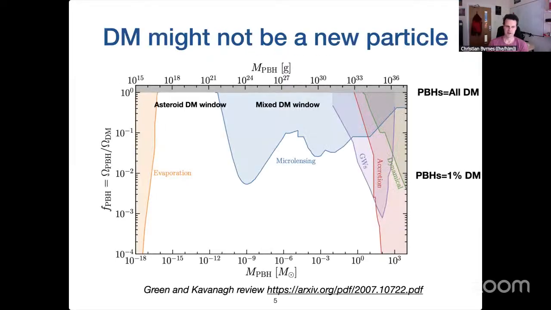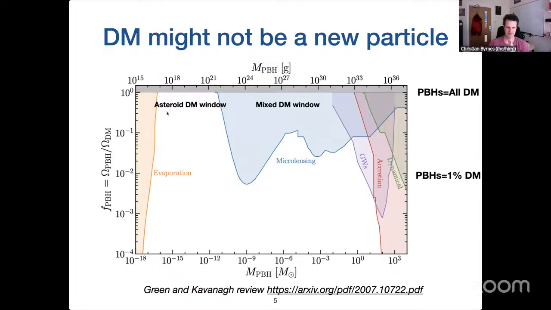But first of all, dark matter needn't be a new particle. There are constraints on primordial black holes being all of dark matter. The vertical axis on this plot is f_PBH, the fraction of dark matter in primordial black holes. So 1 is all dark matter, 10 to the minus 2 means 1% of dark matter in primordial black holes.